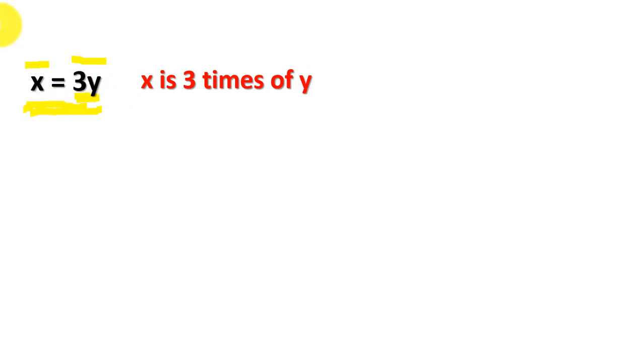We are studying about X because that is the LHS. X is 3 times of y. When multiplication is there, you should mention times. 3 times of y.